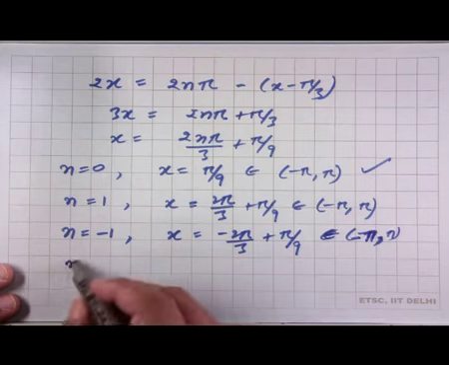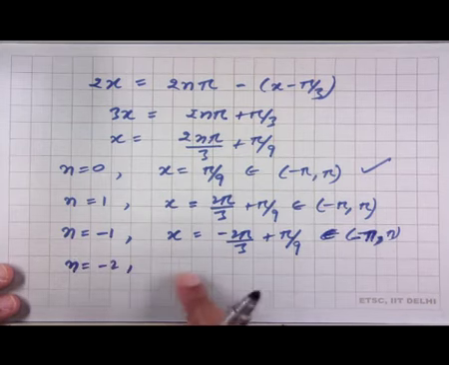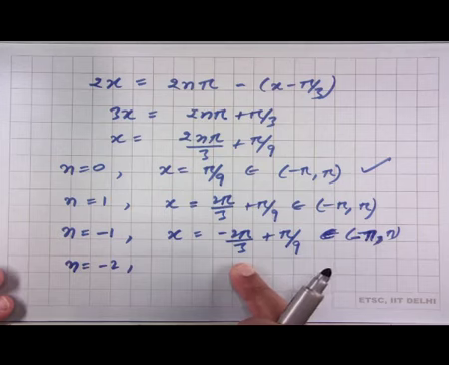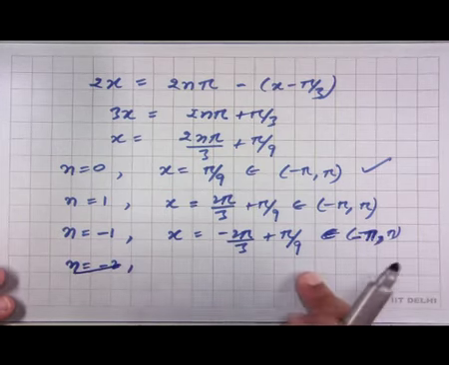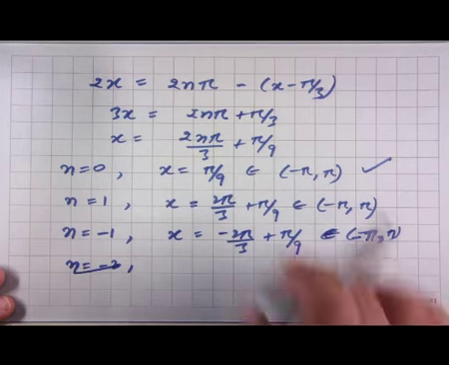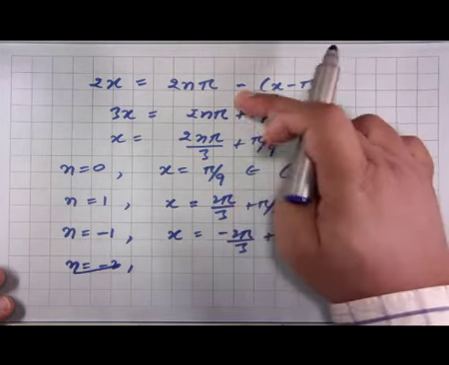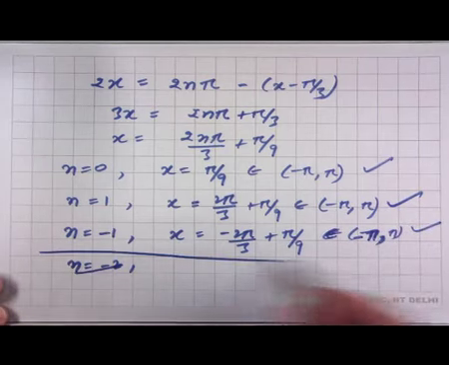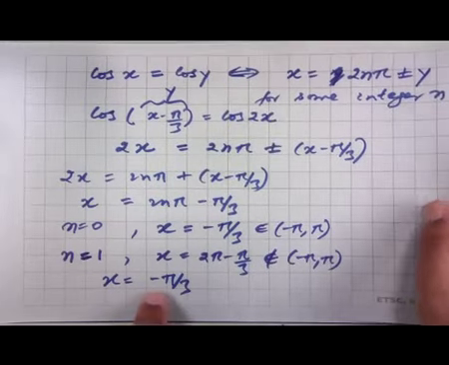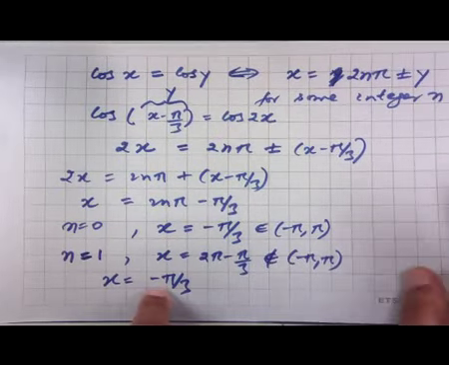But if we take n equal to minus 2, then that value will not belong to the interval minus pi to plus pi. So that solution is not allowed. So with the negative sign here, we get 3 valid solutions, and with the positive sign, we only got one solution, which was x equal to minus pi by 3.